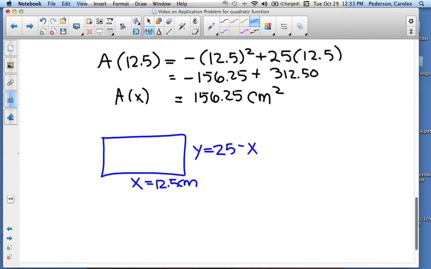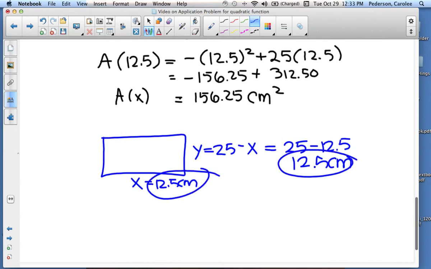So I'm just going to substitute x into this. So 25 minus 12.5 is 12.5 centimeters. So our dimensions are 12.5 by 12.5, and then our maximum area is 156.25 centimeters squared.